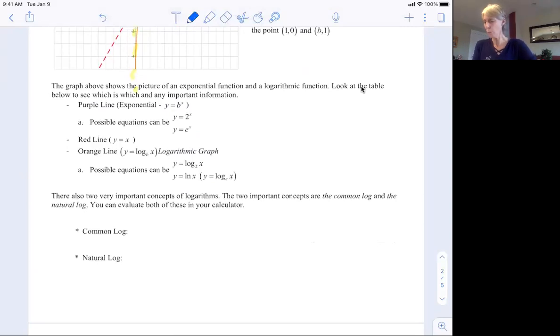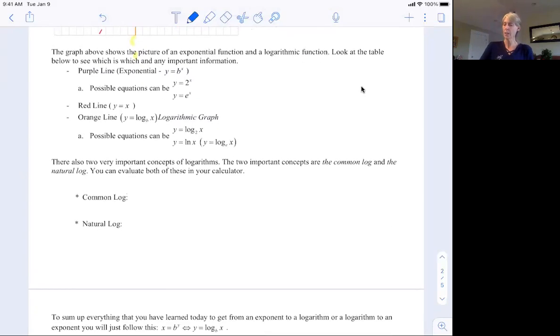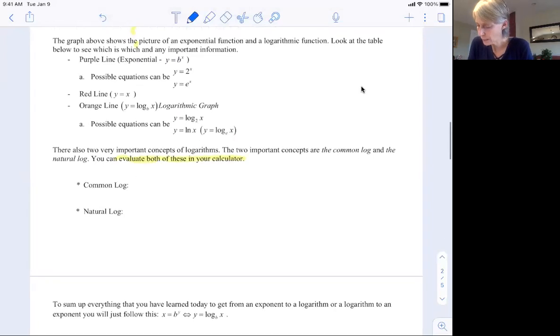We have 2 more important things that we can talk about before we move on to actually doing work. We have the common log and the natural log, and you can evaluate both of these in your calculator, and we will at some point, just not yet. So our common log is log base 10 of x.